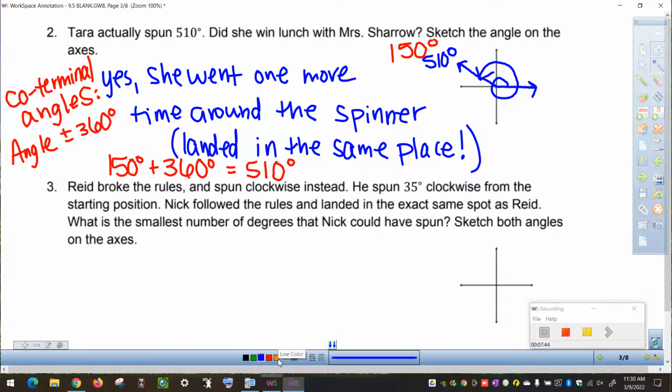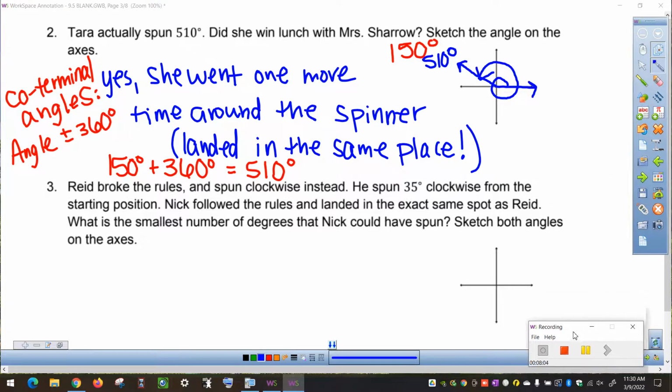All right, let's take a look here at part 3. So it says, well, Reed broke the rules. He broke the rules of the game, and he spun clockwise instead. So he was rotating in a different direction. He actually spins 35 degrees clockwise from the starting position.